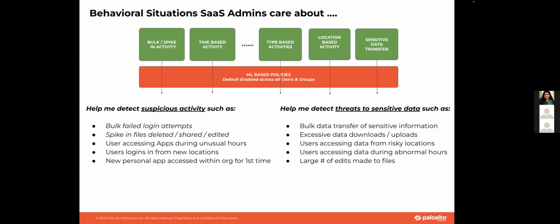What we have created are machine learning based policies for each of these different sets of behavioral situations. What these machine learning models do is create the user's baseline by looking at the past 90 days of activity. And it is not only looking at the specific user's activity, but it also takes their peers into consideration while building the baseline.